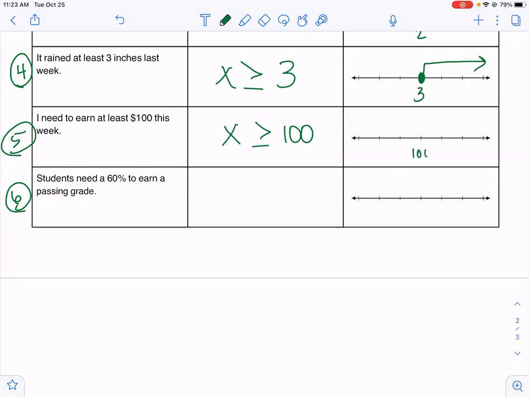Okay, so at 100, we're gonna put a closed circle and we're gonna shade all the values that are bigger than 100. Okay. Number 6, Trenton, what do you have? X is greater than or equal to 60. Okay, you need a 60% to earn a passing grade. So you can earn a 60 or you can earn more than a 60.